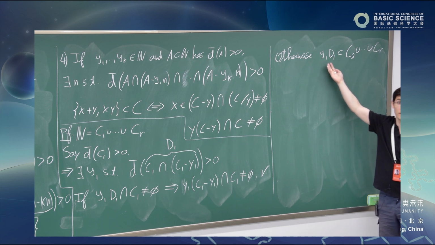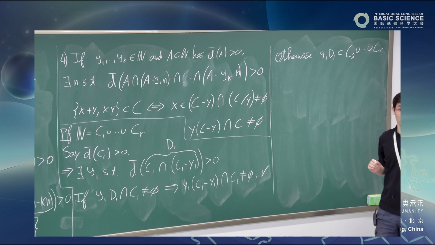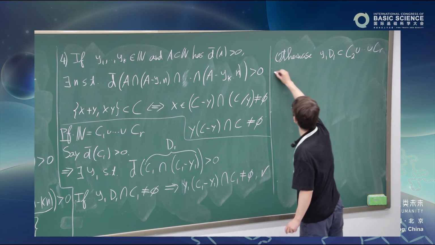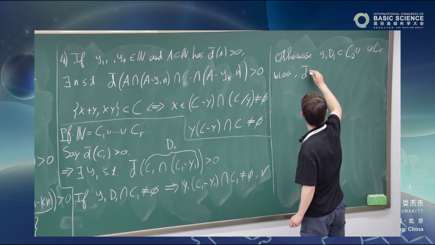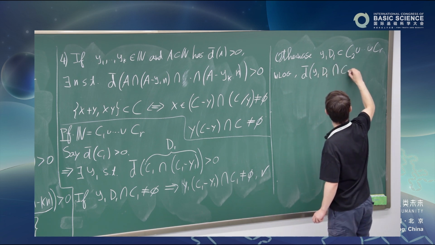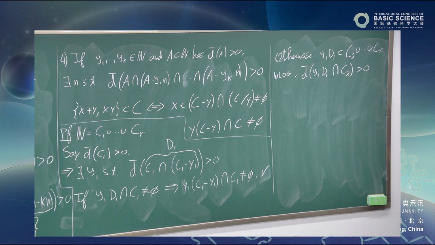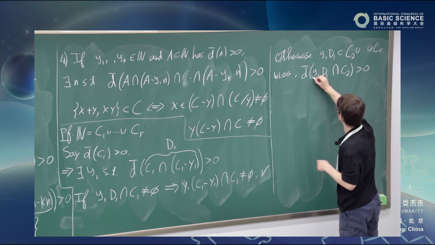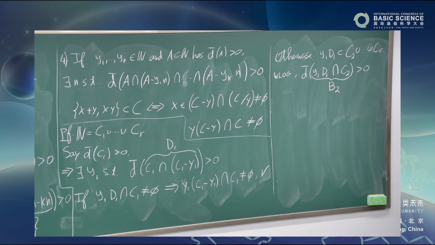So by property 1, I can choose a new color whose intersection has positive density. To simplify the notation, I'll just assume that color is going to be C2. So without loss of generality, the density of y1 D1 intersection C2 is positive. And I'll give a name to this set. I'll call this B2.